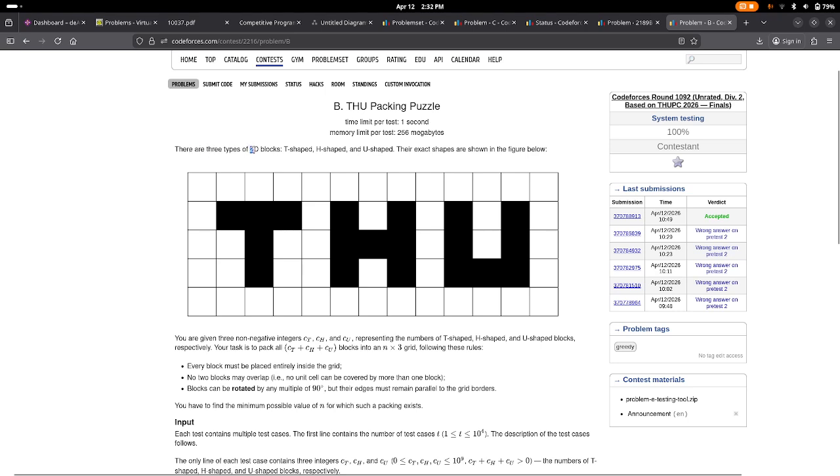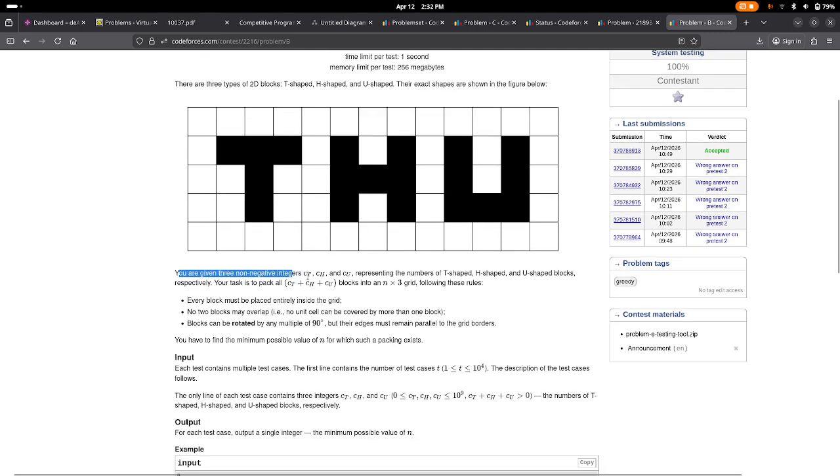There are three types of 2D blocks: T-shaped, H-shaped, and U-shaped. Their exact shapes are shown in the figure below. T, H, U. One thing you should notice is that all of these three shapes require a 3 cross 3 grid.